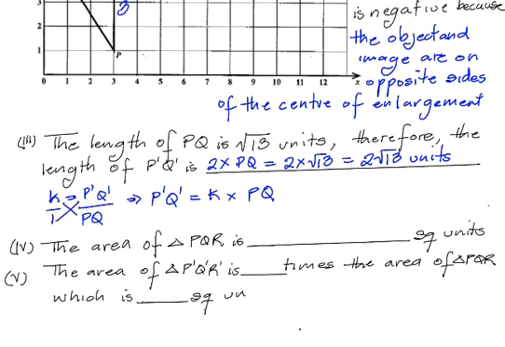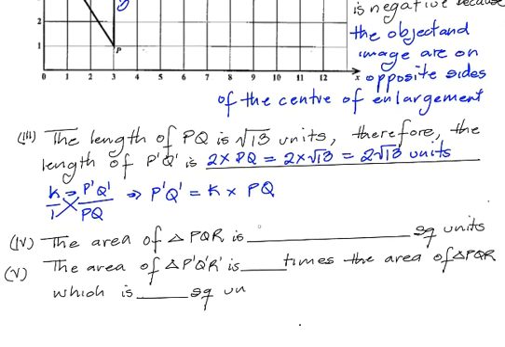The area of a triangle is half base times height, so it is a half times the base, which is 2, times the height, which is 3. A half of 2 is 1, 1 times 3 is 3, so the area of triangle PQR is 3 square units.